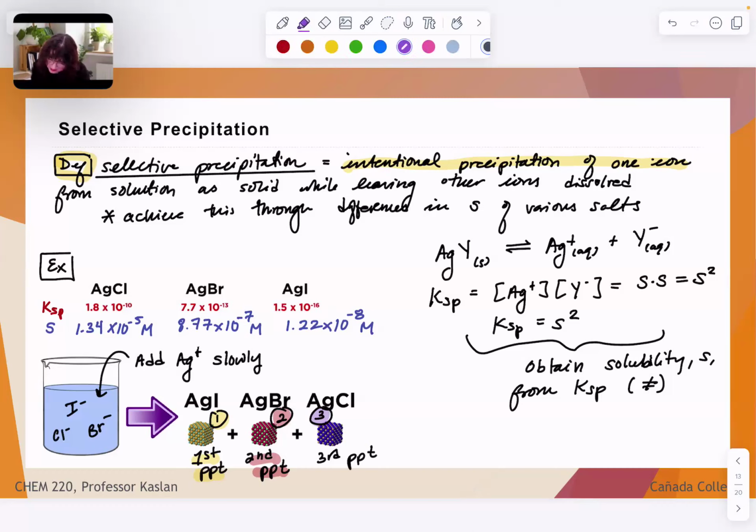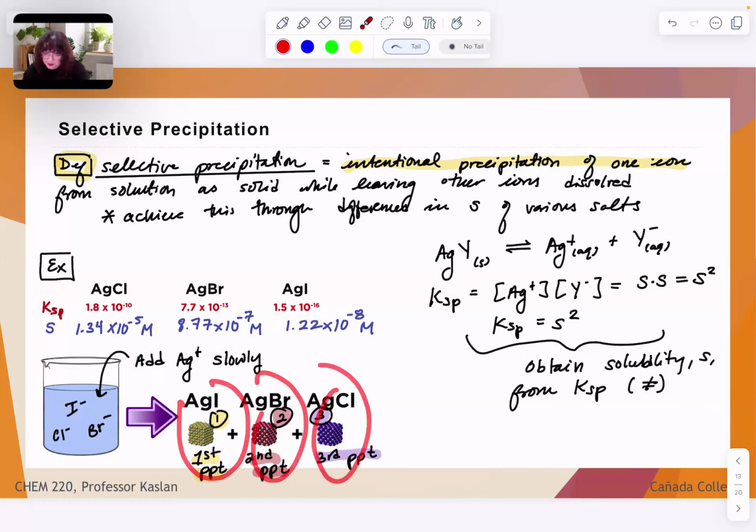And again, we are able to decide how much of our silver we add so that we can choose which of the following we want to precipitate out. So let's say you wanted to remove bromine from your solution. If I wanted to remove bromide ion from the solution, I cannot do so without first also eliminating all of my iodide.